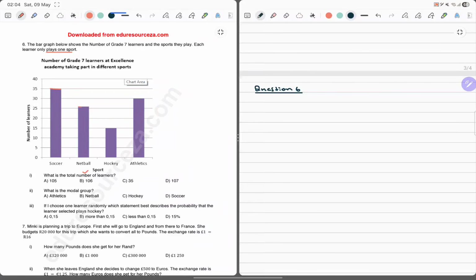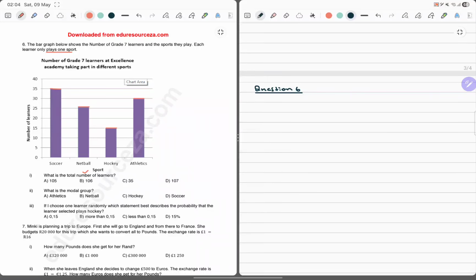That, and that. So we can already see there, very easy. 35. Okay, this one is a bit tricky. 15 and 35.